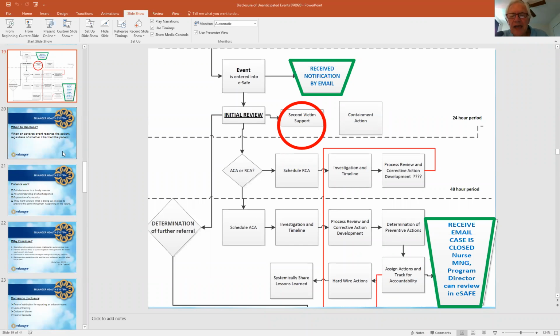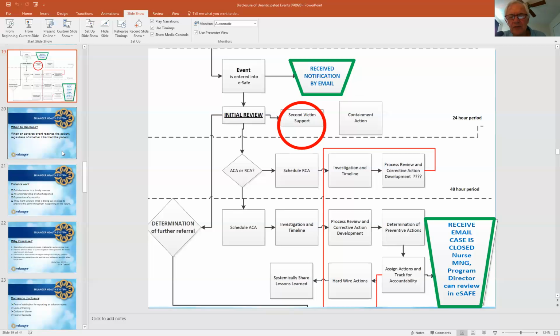As that all is happening, there's a new system, again, that we've worked on for the last year, called File Tracker. It allows people, especially your program director, to go in and look and say, okay, what's going on with that case that that resident was involved with, or where that resident actually reported it, so you can find out what's going on. In the past, this has always been somewhat of a black box, and nobody really knew what was going on.